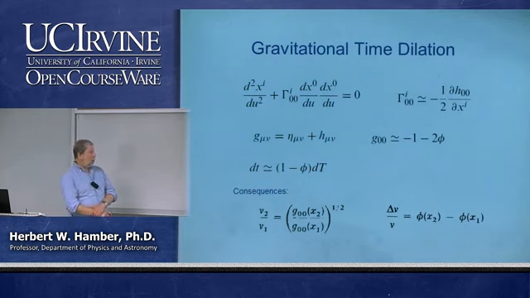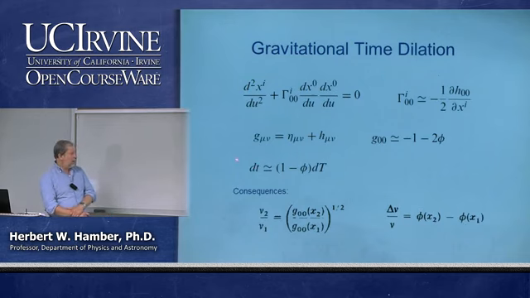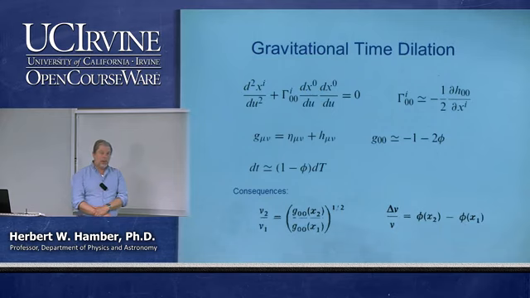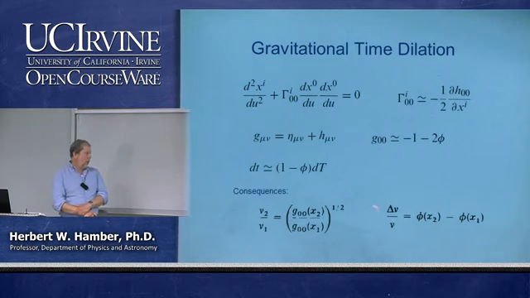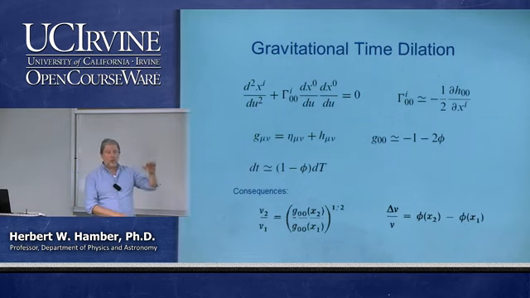And we end up with a result that looks like this, where the time in one frame is related to the time in another frame, say the intrinsic time of the clock, by a factor that involves the gravitational field, say on Earth, which we can easily establish. The consequence that we saw in the last lecture is that you can write down the frequency shifts for different clocks located at different heights, and therefore in different gravitational fields.